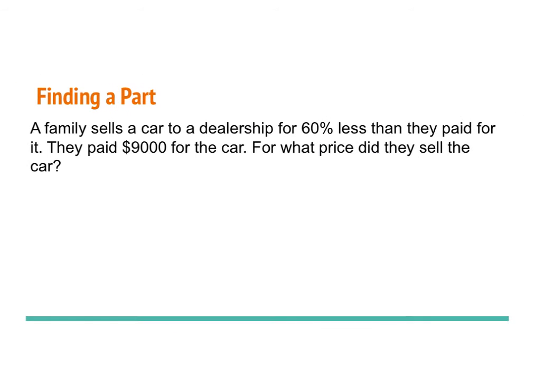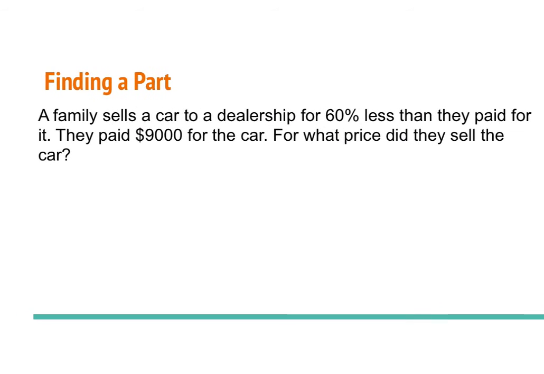Okay, finding a part. So a family sells a car to a dealership for 60% less than they paid for it. They paid $9,000 for the car. For what price did they sell the car? Okay, so remember, they sold it for 60% less than the original price, and they paid $9,000 for it originally.